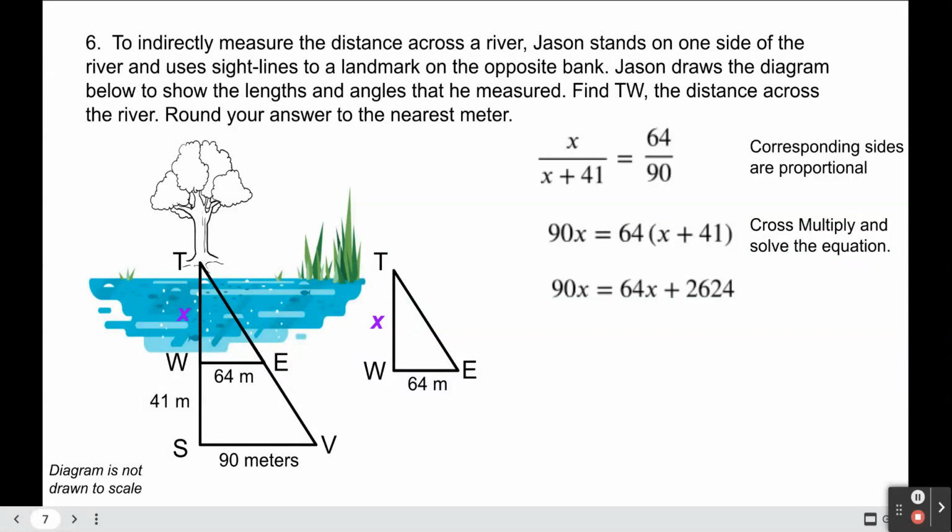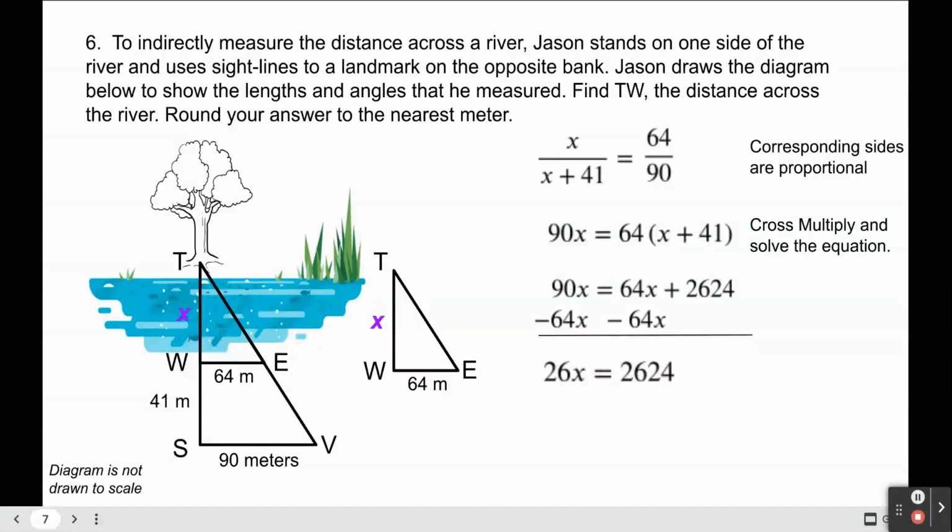We will need to solve for x by moving the variables to the same side, so subtracting 64x, and make sure you take the variable x. Subtracting 64x from 90x gives us 26x. Of course, we're going to just bring down this 2,624.